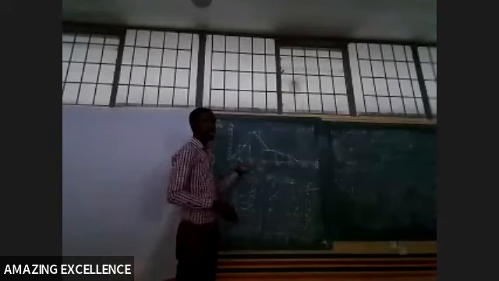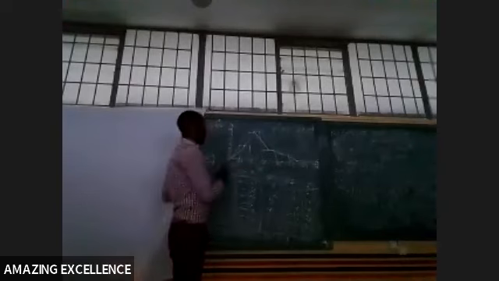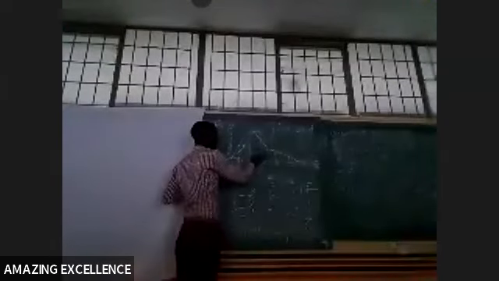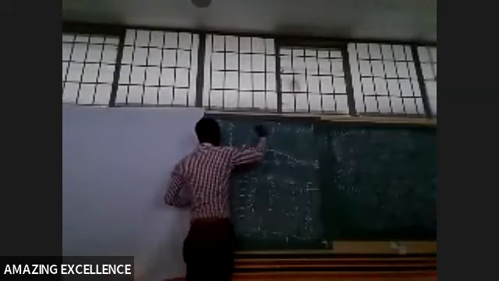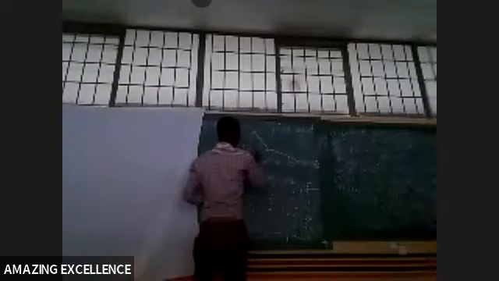Imagine these classes are not there. All these bars are not there. Just putting the midpoint. So this is how you will do your polygon. None of these bars will be there.